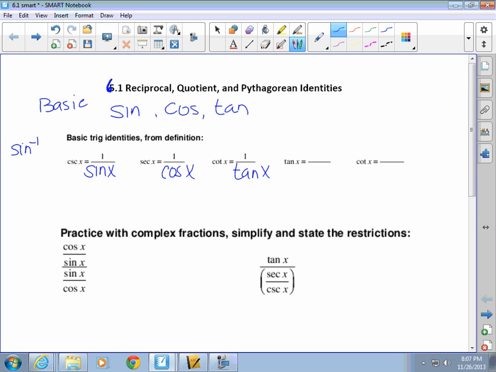So tangent x, if you remember from last unit, is also the same as, if you think of SOH CAH TOA, y over x, and we know from our unit circle that y is the same as the sine function, and cos is the same as the x coordinate.